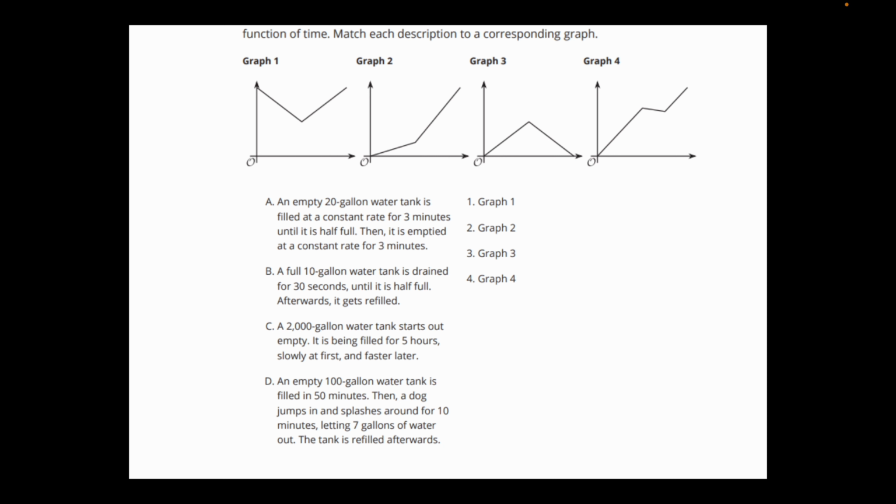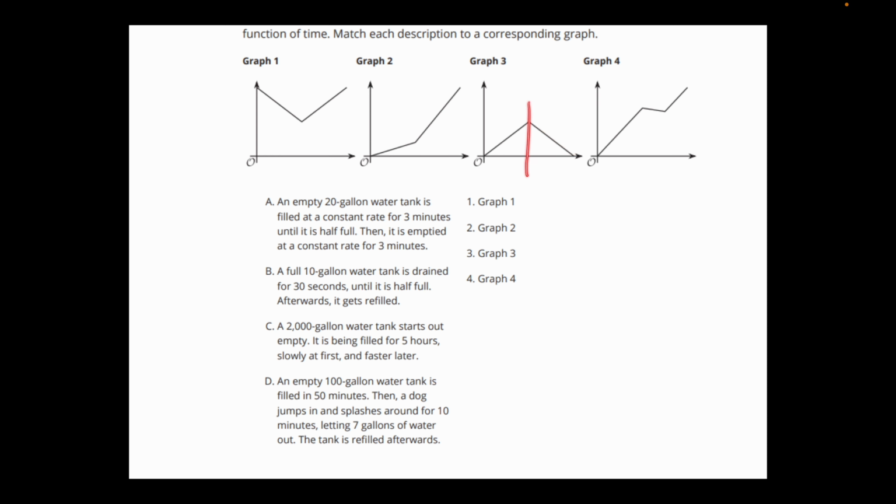So it's an empty water tank. It's filled at a constant rate for 3 minutes until it is halfway full. And then it is emptied at a constant rate for 3 minutes. So to me, that looks like graph number 3 because I am filling this one at a constant rate for 3 minutes. And then after 3 minutes, I am emptying this tank all the way back down to 0.